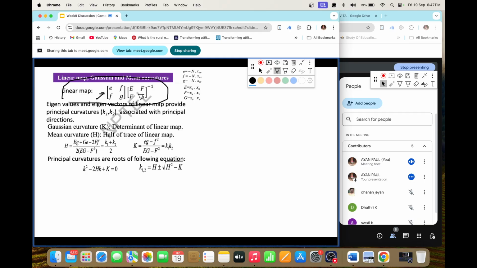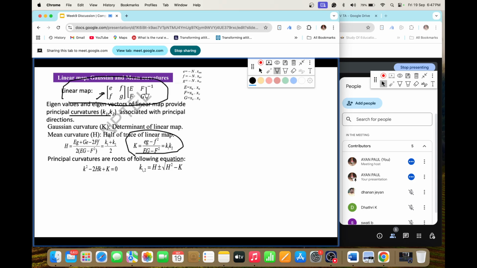Whenever you form this matrix and calculate the eigenvalues, that is the principal curvatures k1 and k2, and you multiply the eigenvalues, you will get the Gaussian curvature. So it's very easy.